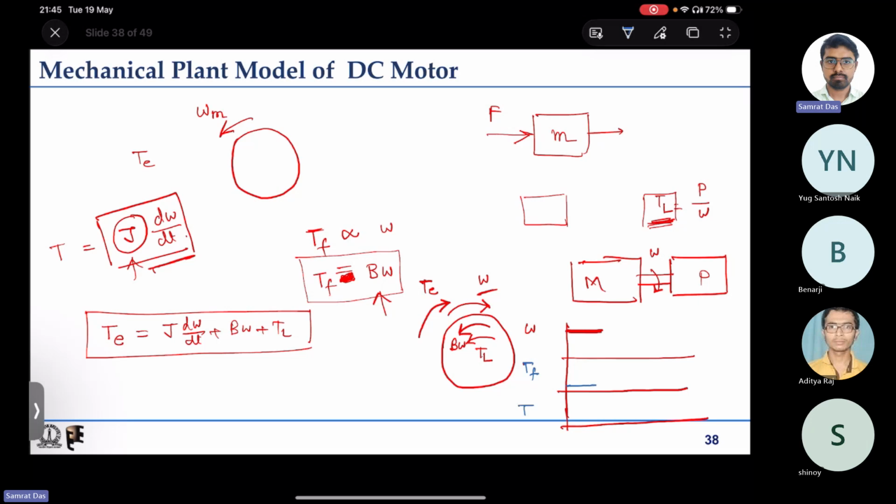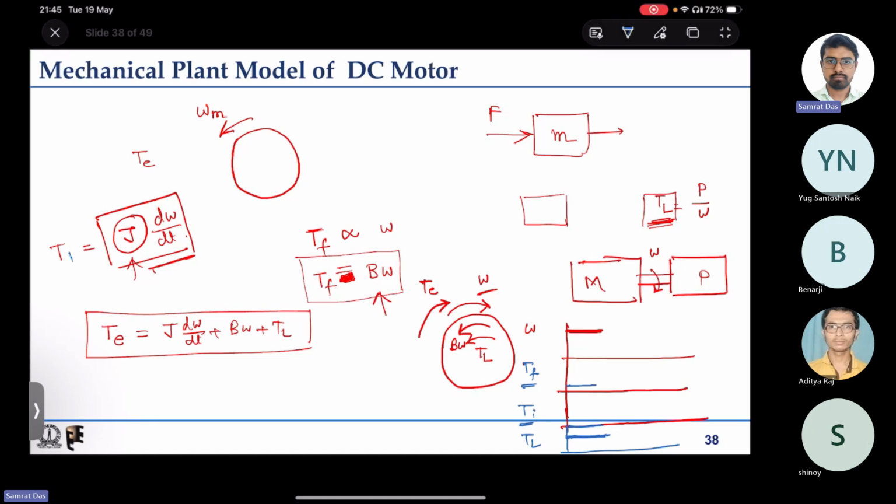The inertial component of torque Ti, that is J d omega dt, will be 0. And there will be some load torque. So the electromagnetic torque will be the sum of frictional torque, inertial torque, and load torque. It will be the sum of these three quantities.